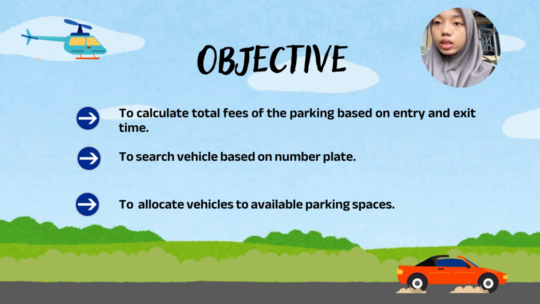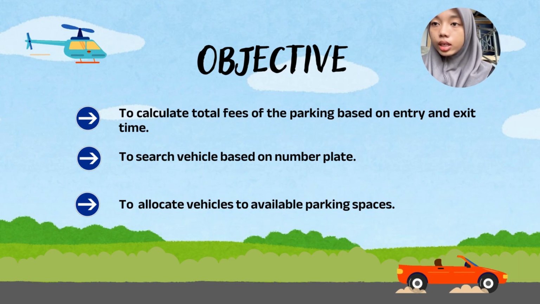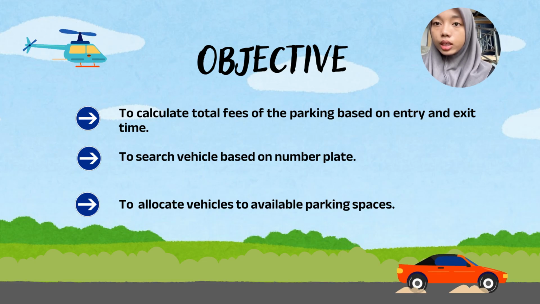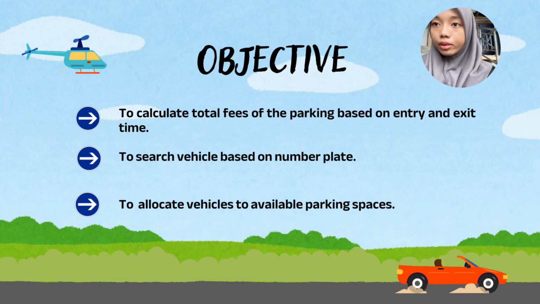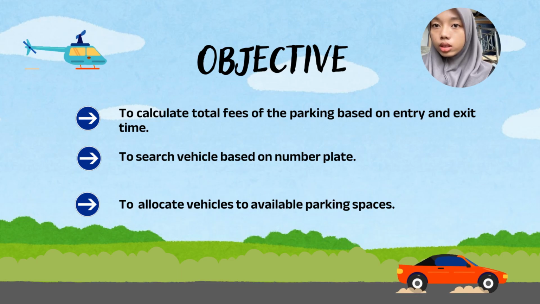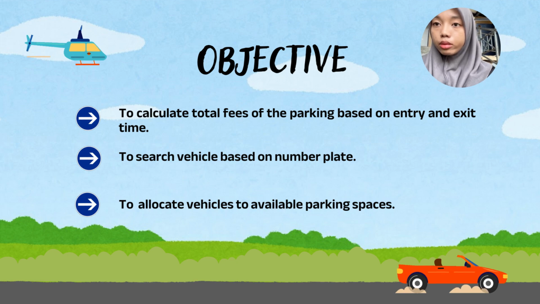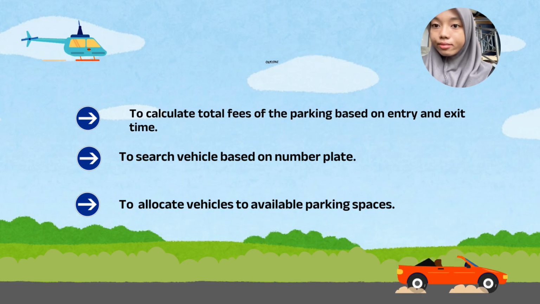This feature helps parking management quickly locate a vehicle and retrieve its parking information efficiently. The third objective is to allocate vehicles to available parking spaces. By doing this, the system ensures that parking spaces are used efficiently and vehicles are placed in the correct areas. Overall, these objectives aim to improve parking efficiency, reduce manual work, and provide a more organized parking management system.